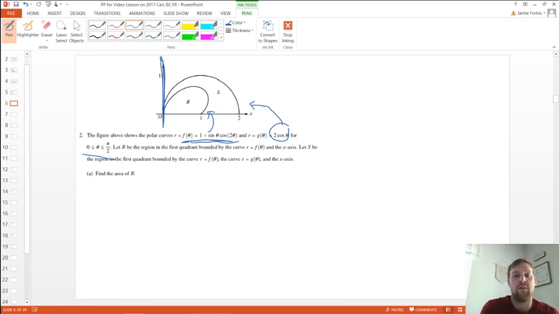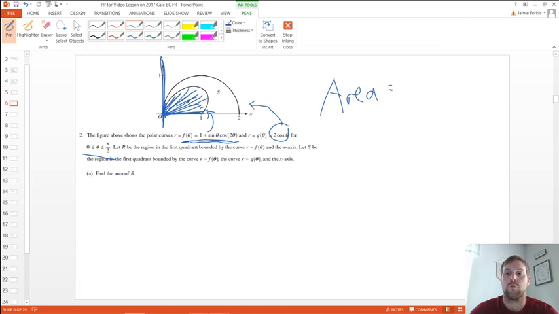If I'm finding the area of R, remember it's all based off of a sweeping motion of the radiuses from the origin, and it's going to be going from a theta value of 0 all the way up to a theta value of pi over 2. So how do you represent area with that sweeping motion in polar? Remember, area is equal to 1/2 integral a to b of our r function squared.